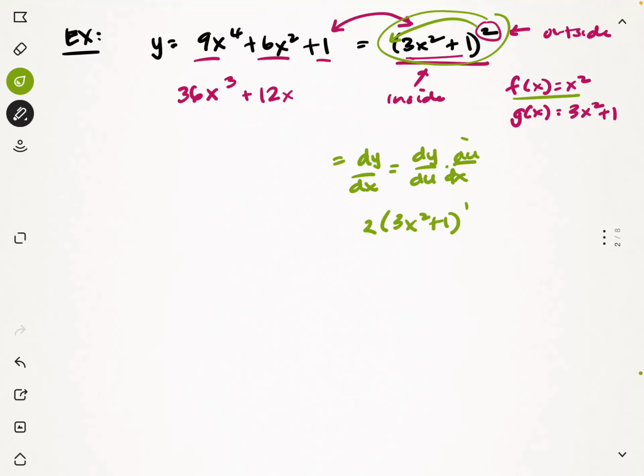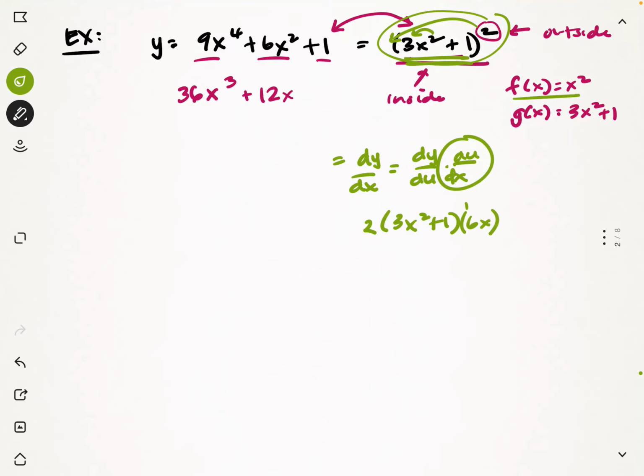But chain rule says we have to do this part of it, so we have to do the derivative of the inside, which is going to be, drop down the 2 here, that would be 6x, and then the 1 derives out, right? So that's going to be 0.